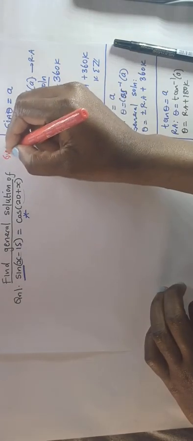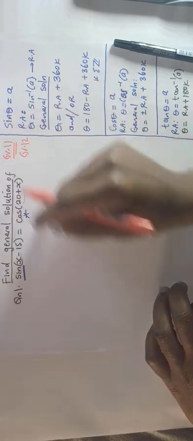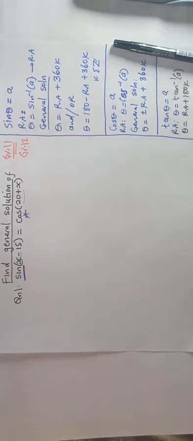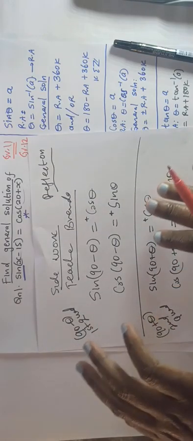So this question is for grade 11 and grade 12. When you did the reduction rule, you talked about cofunctions. This is my side work to save time; I don't write everything.